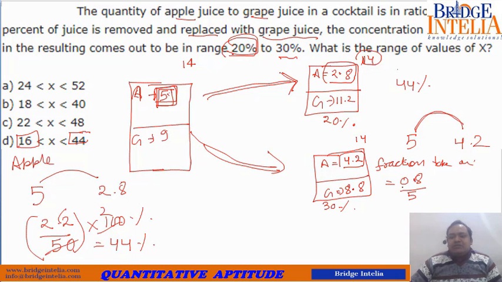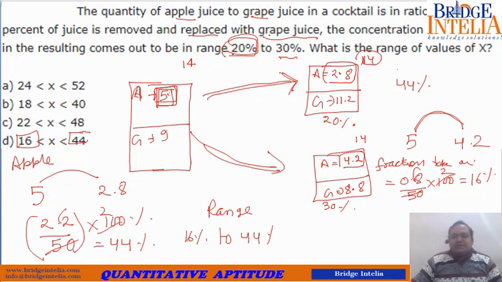If you convert this in terms of percentage, multiply this by 100. So 16. So the range will lie between 16% and 44%. Two extreme cases we have solved.